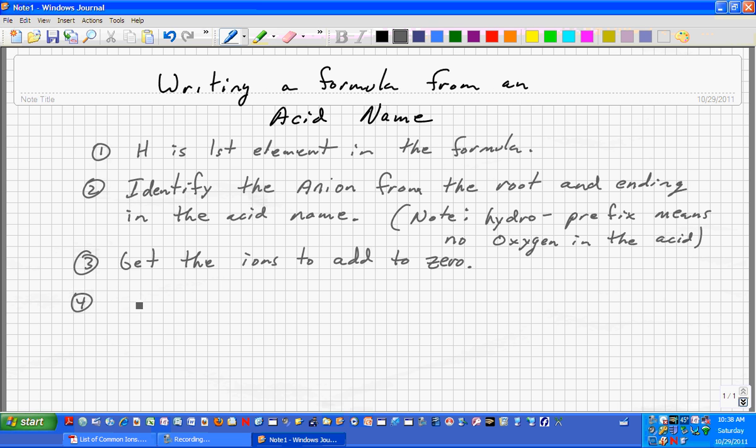And then the subscripts show the number of hydrogens needed to add to 0.